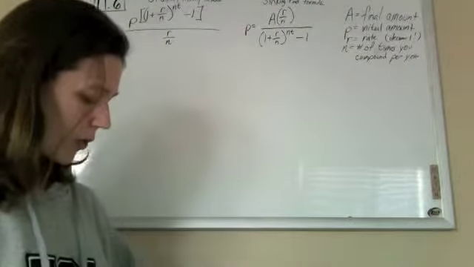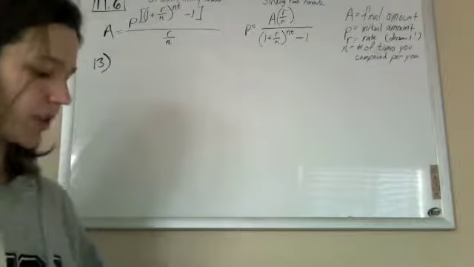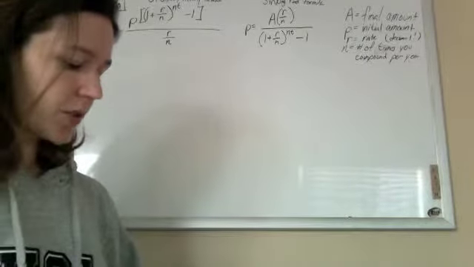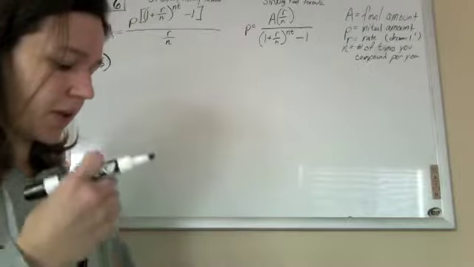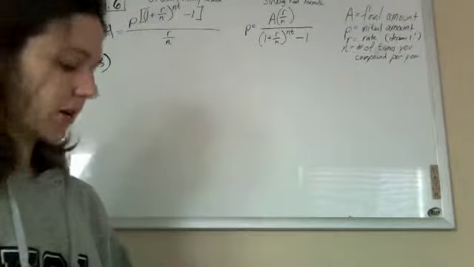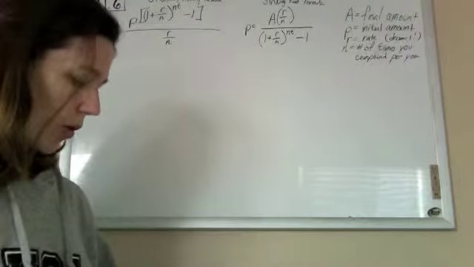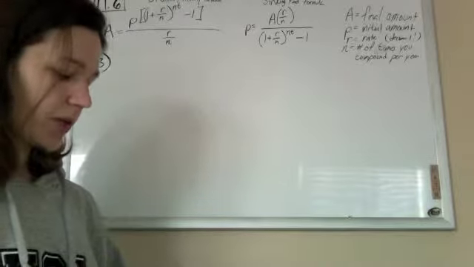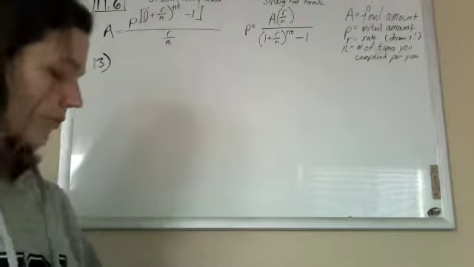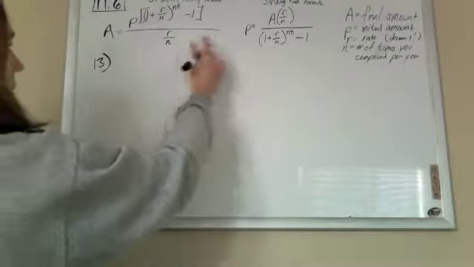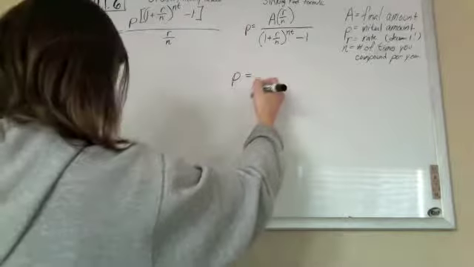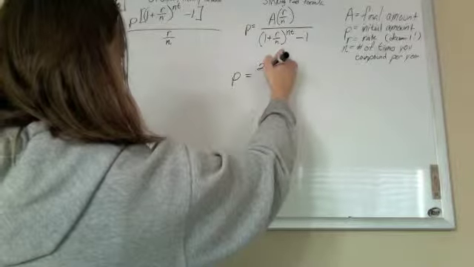Okay, so looking at number 13, they're spoiling it for us and telling us that we want to use the sinking fund formula to determine the payment we'll need to invest to reach our calculated goal. So for number 13, I want to accumulate $20,000. So I want to know the amount to invest if I want to accumulate $20,000.